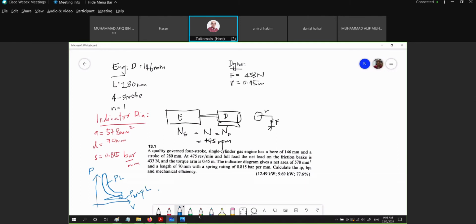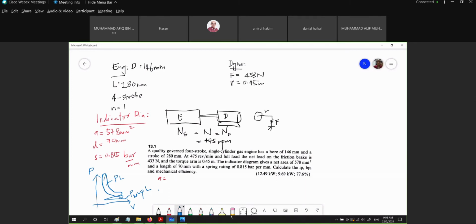Okay. So what we need is the area here, the net area. So A is for the net area, that is the power loop area minus the pumping loop area. So please refer to our notes. So where is A? A is the power loop area minus the pumping loop area. I may put it right here. A is equal to the power loop area. I think it's better to put this color.